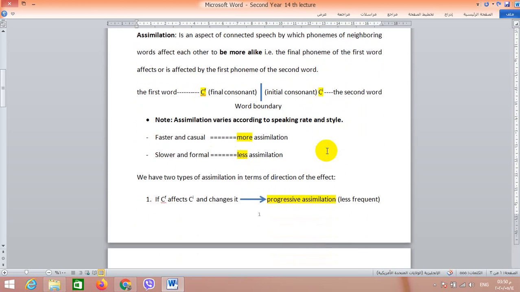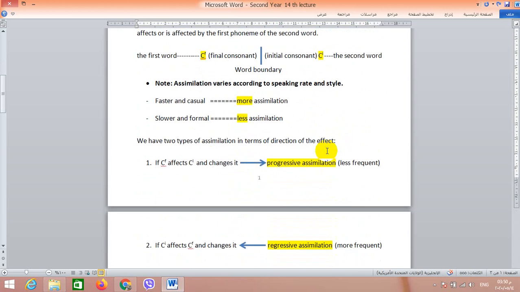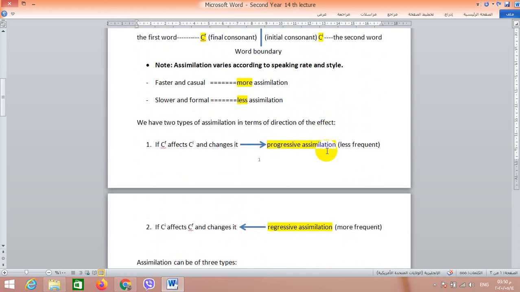Now, I think with examples, inshallah, you are going to find it easier. Now, note, assimilation varies according to two factors. The first factor is speaking rate, and the second is style. These two variables are very important in having more or less assimilation instances in connected speech.